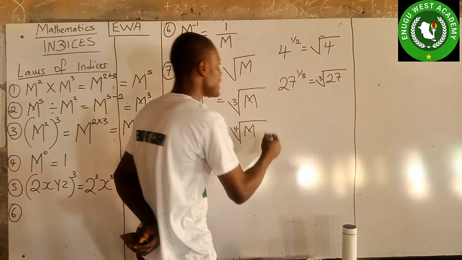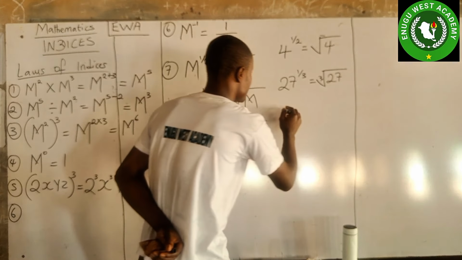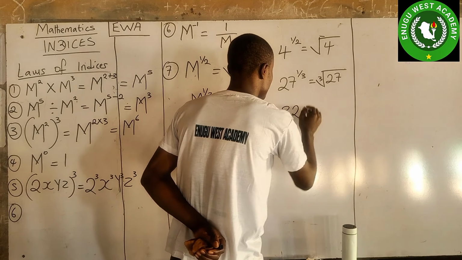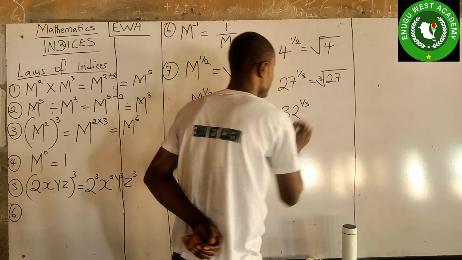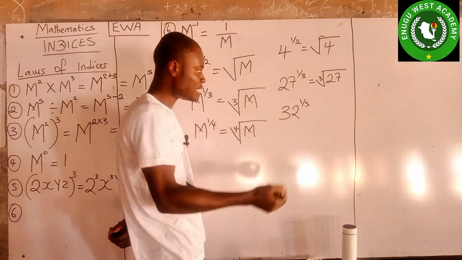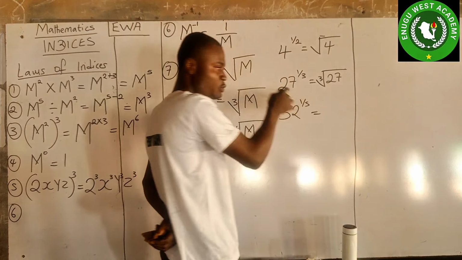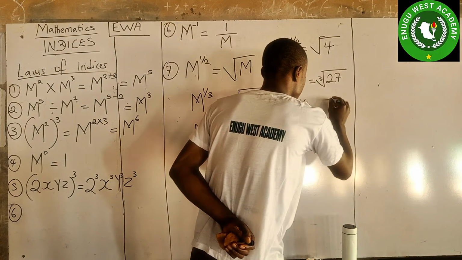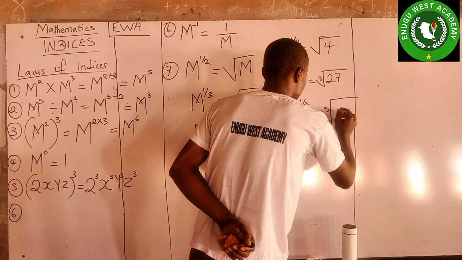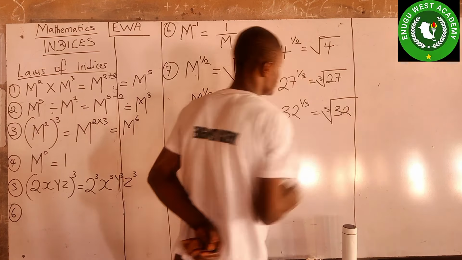Now, if I have let me just say 32 raised to power 1 over 5, since we are having 5, it will be the fifth root of 32. So this is what we call root power.